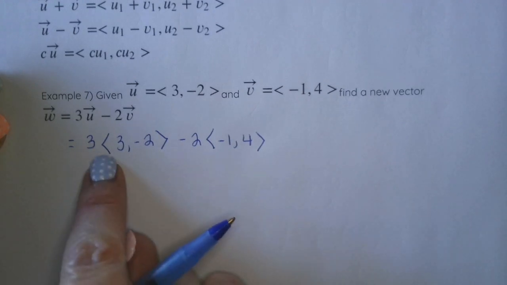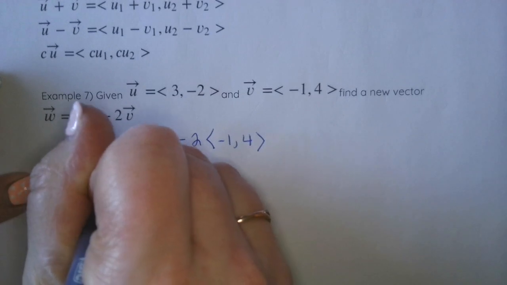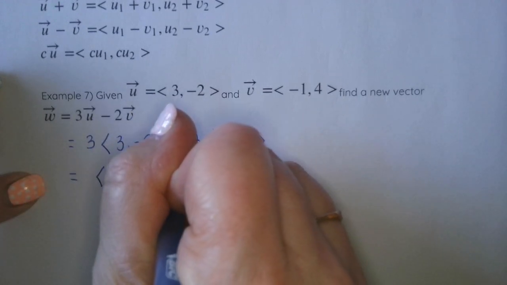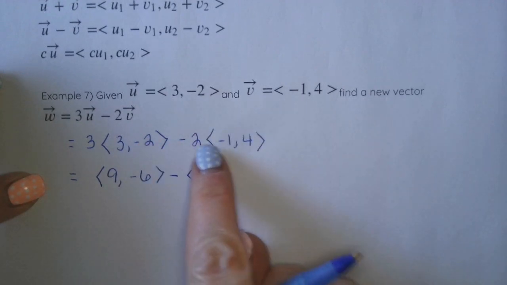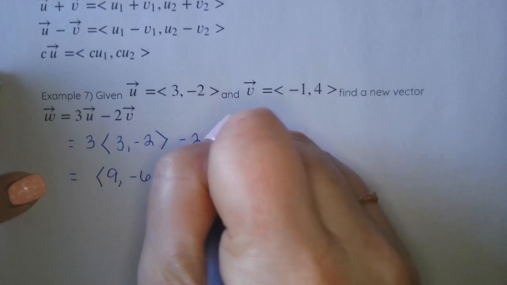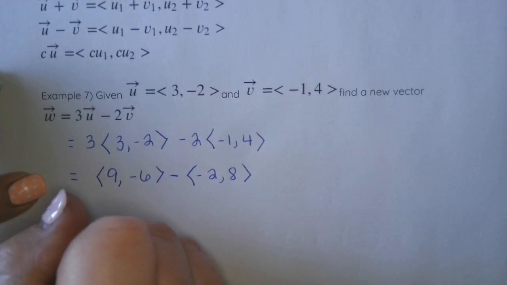I can multiply each piece of the component by 3 in my first vector, giving me 9, negative 6. Subtract, so I'm just going to put in the 2 here, and I'll do that subtraction in a moment. Negative 2, 8.